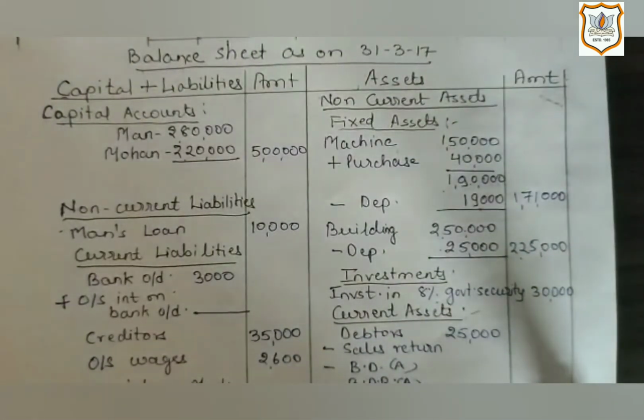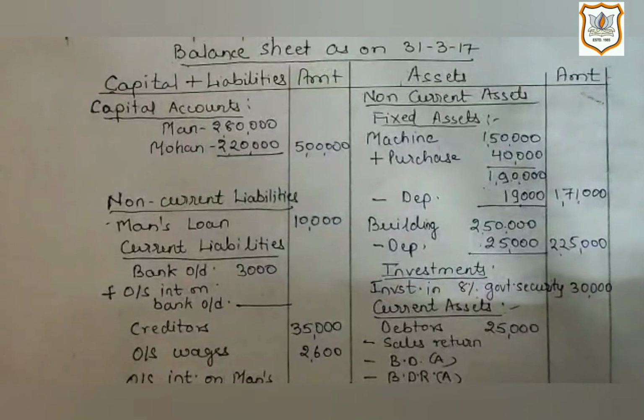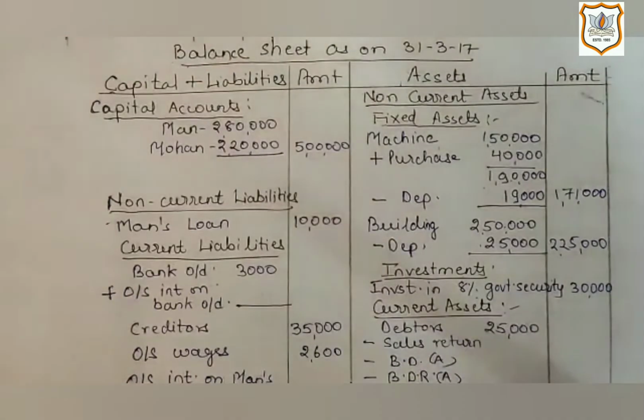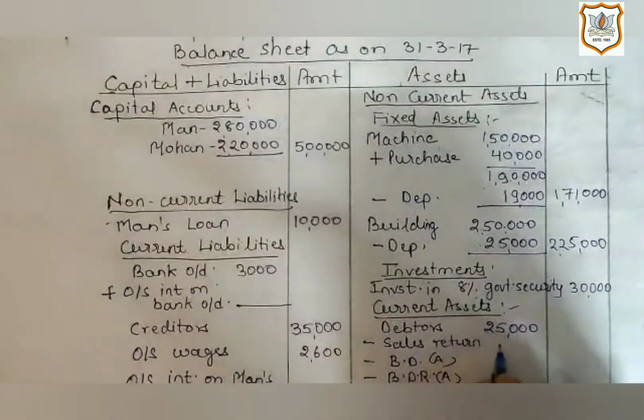Adjustment number 5 is goods of rupees 2,000 is missed out to record in sales return book. That means debtors had returned goods to the firm which firm did not record, and if we record it now, it will decrease debtors, as debtors need not make payment in future to the firm for the goods which they have returned. So we will deduct it from debtors.